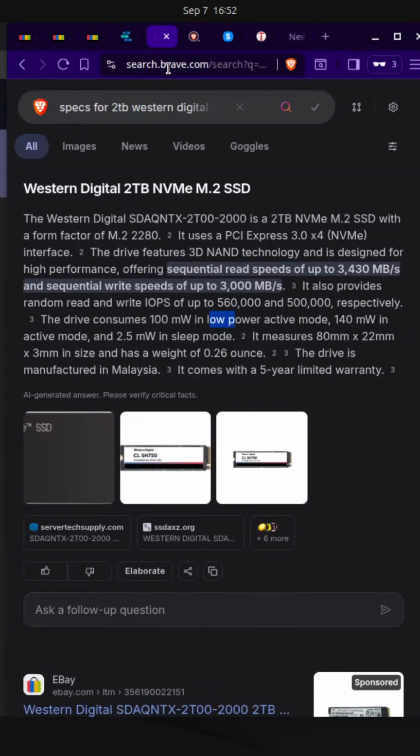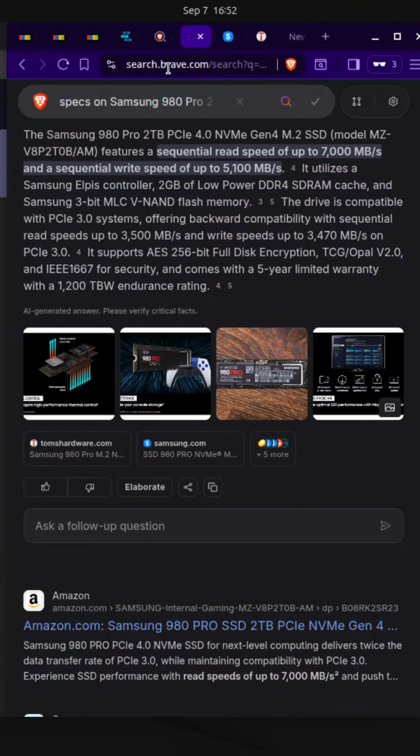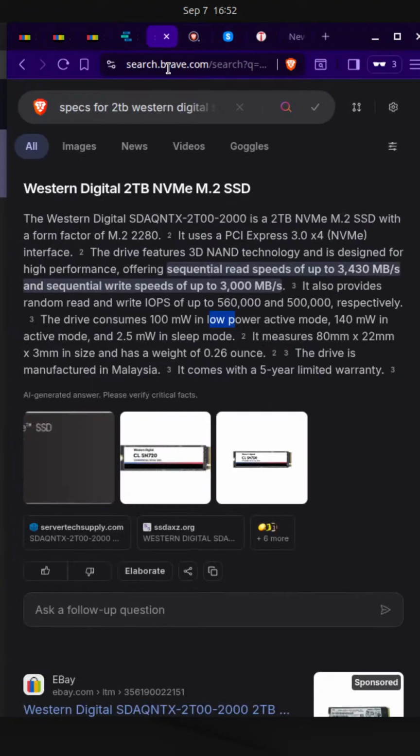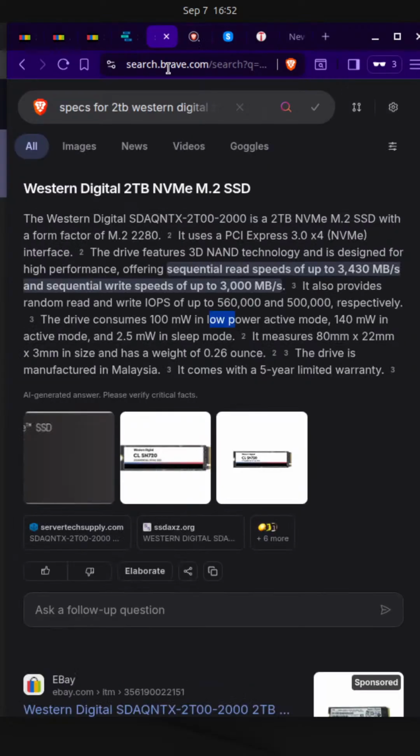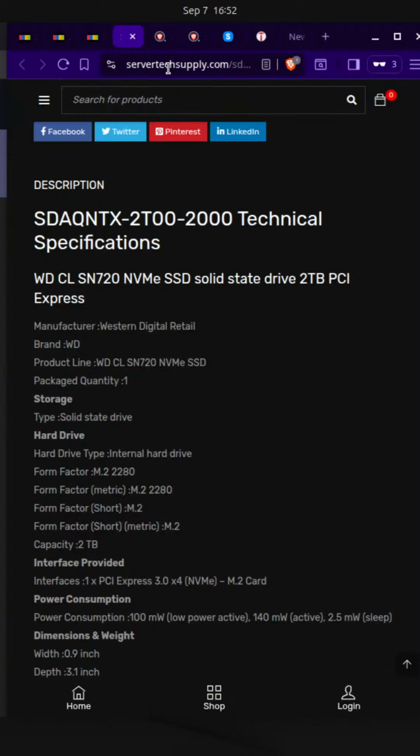So this one has potentially twice as fast read speeds and 5/3 as fast write speeds, which seems really significant to me.